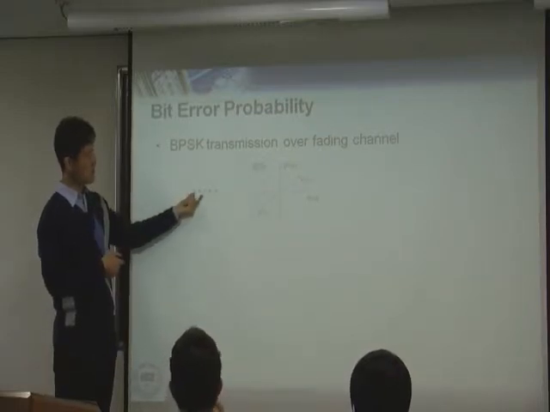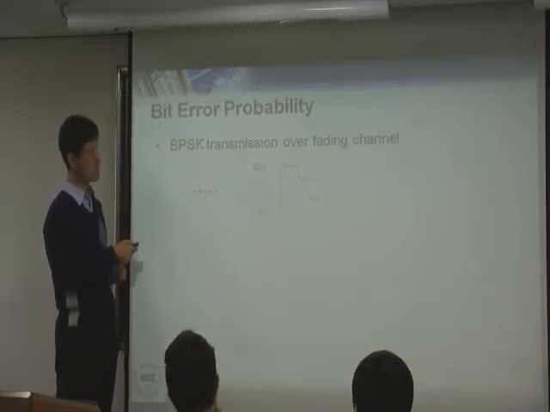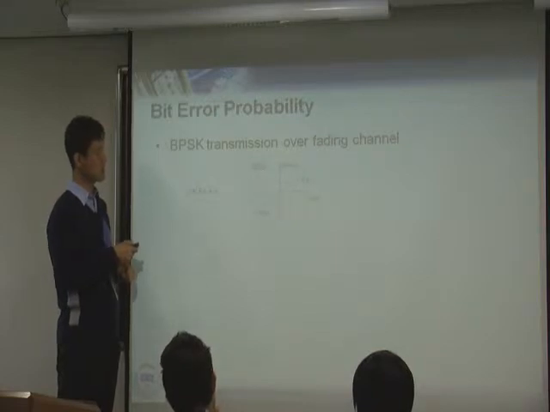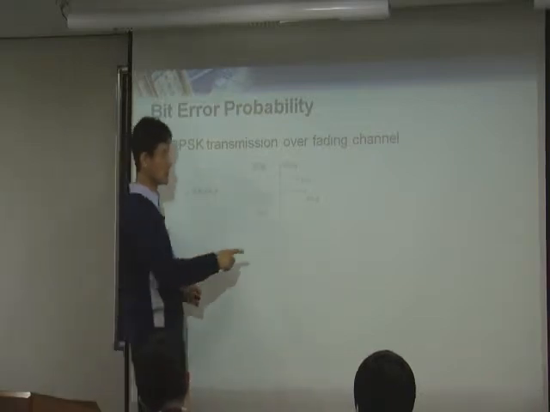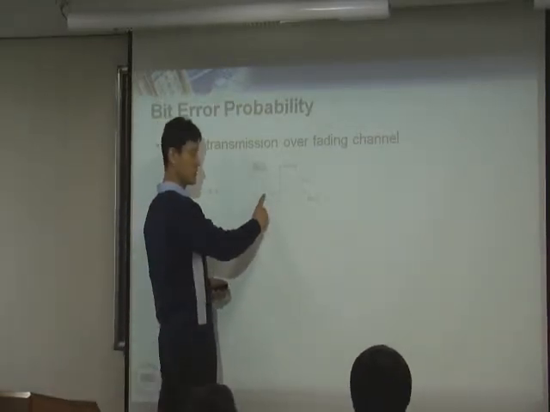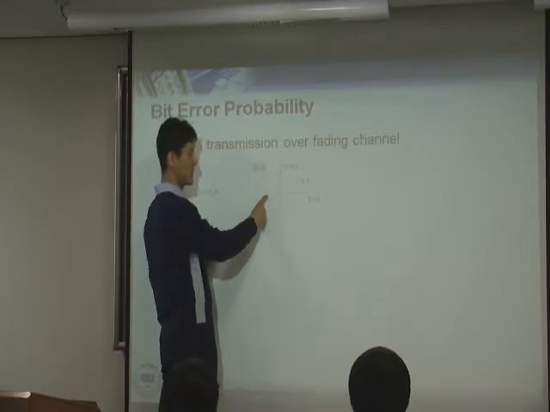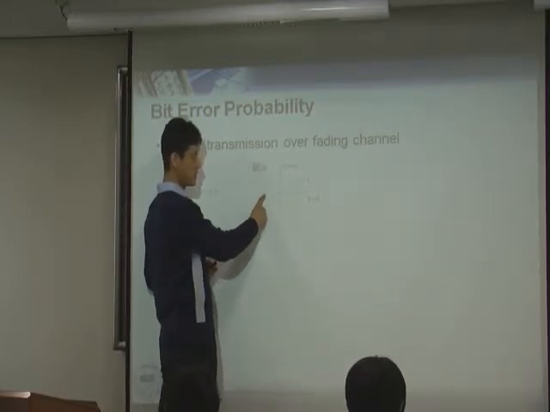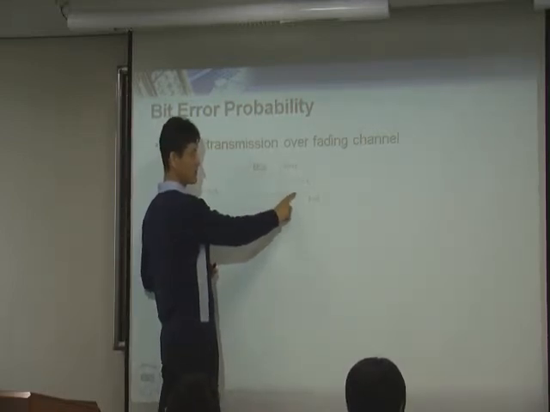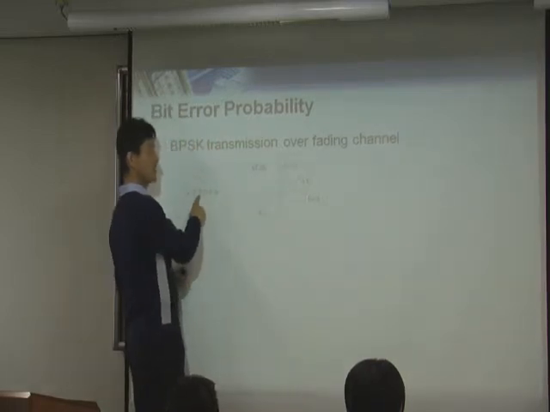Once you introduce the fading, what changes is that when you have a BPSK, your transmitted symbol is now multiplied by h. Since this is a BPSK, original S1 was here, original S2 was here. But because of h, you multiply h to the s.